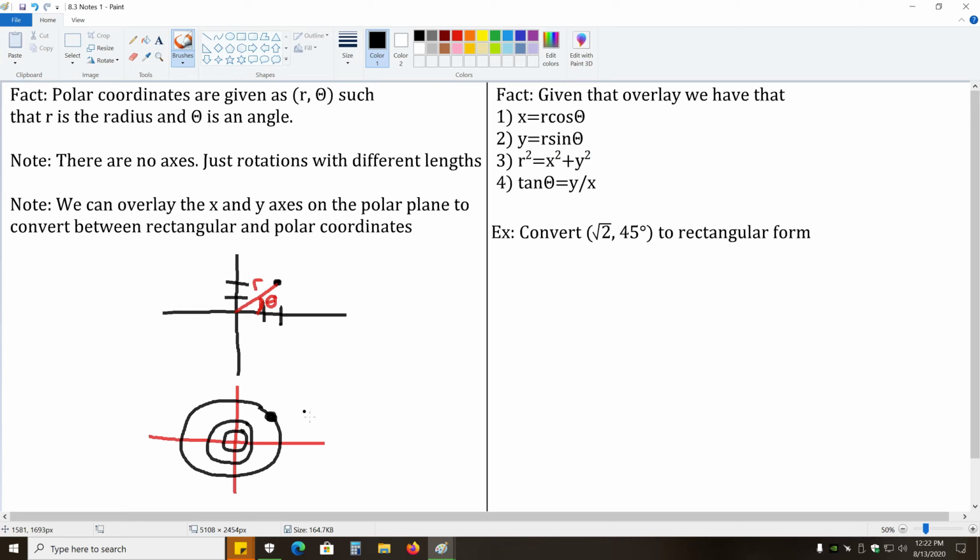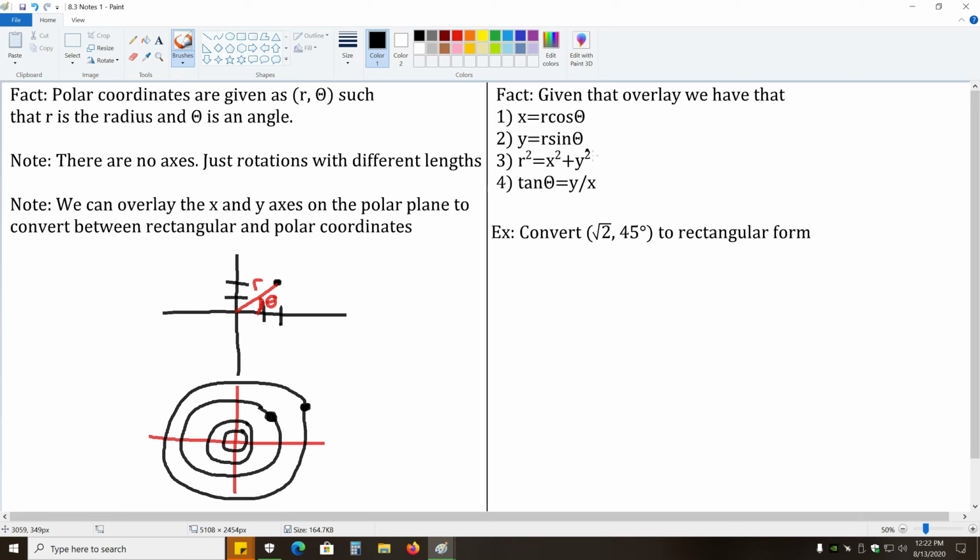And we could do the same thing if we take this point in the rectangular plane. We could say, what circle does that point lie on? And at what angle? So these are how we can convert them, which is what this note says here. Just overlay the x and y axes on the polar plane.